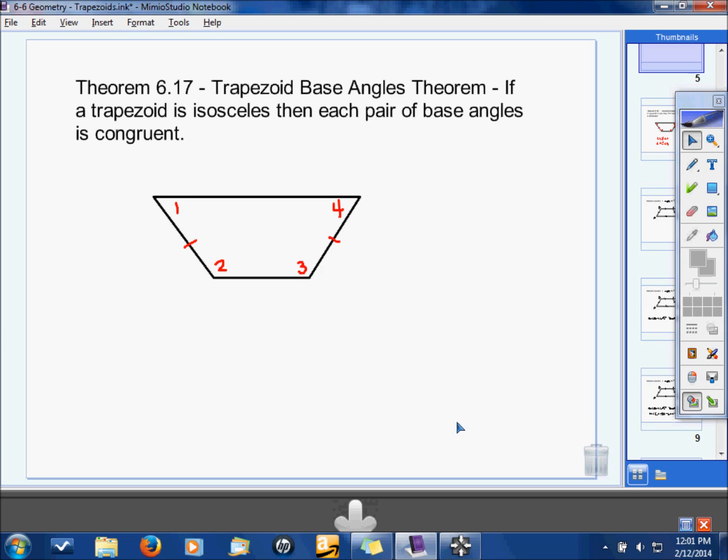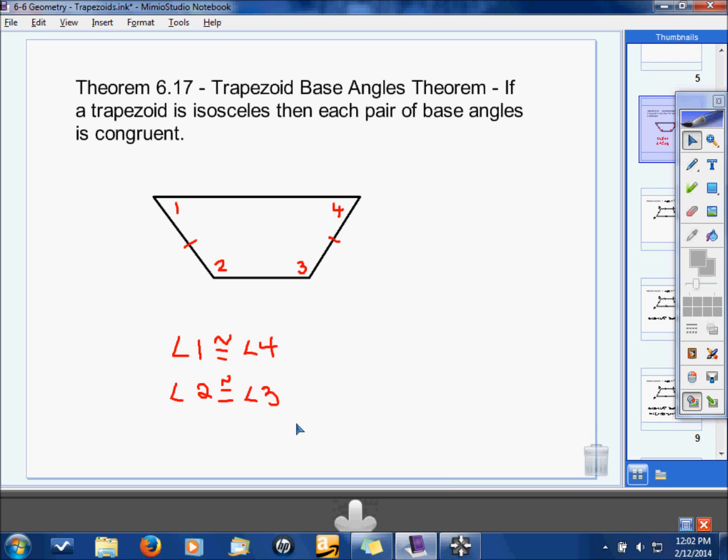Looking at this picture, does anybody see one pair of congruent angles? Luke, what? Do you see a pair of congruent angles here based on this theorem? 1 and 4. Okay, Alexis, what's the other pair? 2 and 3. Good. So even though it's not just one pair, both pairs have some congruency.